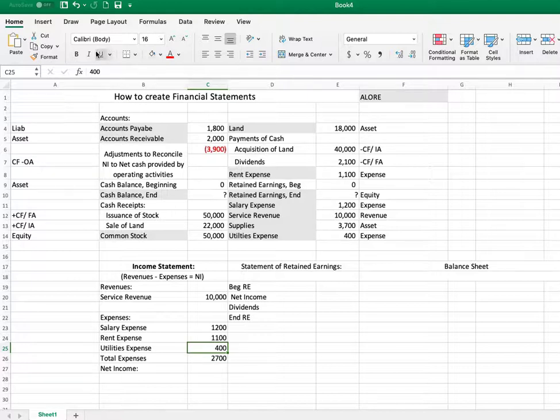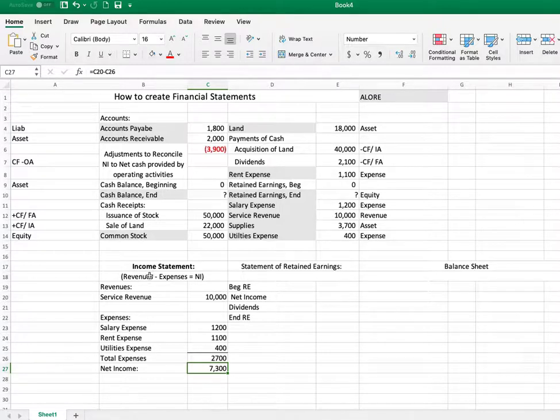And I'll put a little line there under that to total expenses. And then we'll see net income down here. Now our formula for net income is revenue minus our total expenses, and that's $7,300. So that is the answer to our income statement.